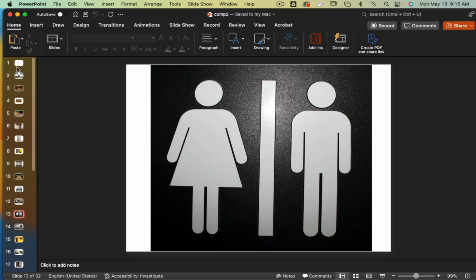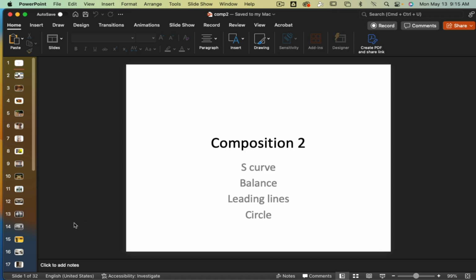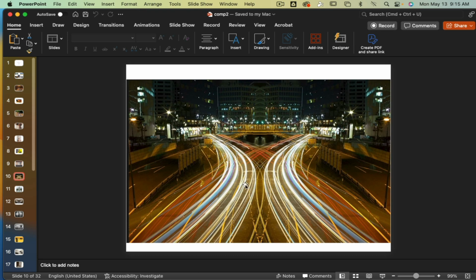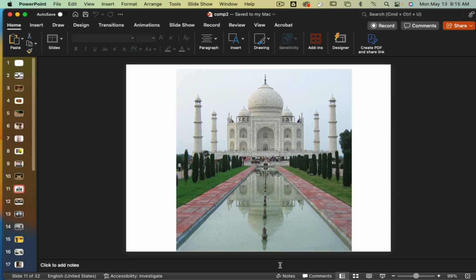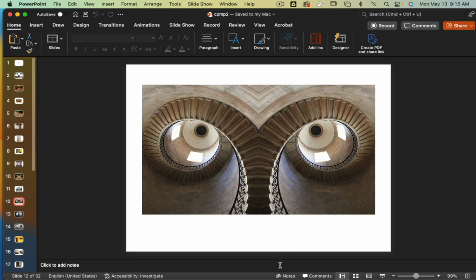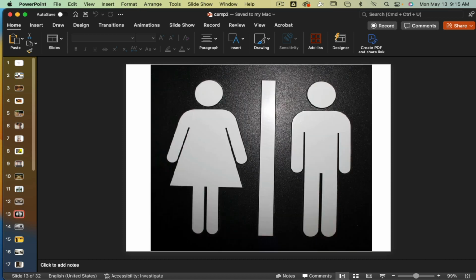We got S-curve and then balance. Balance is when the left and the right, or the top and the bottom, kind of reflect each other. These are all examples of that. You can edit your photo to achieve this effect in Photoshop. That's totally up to you.